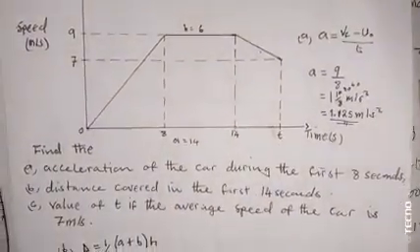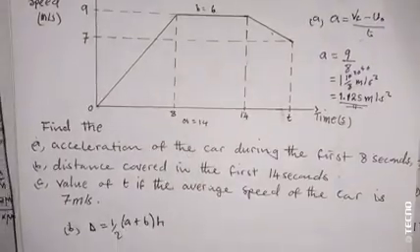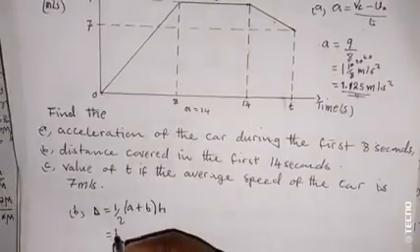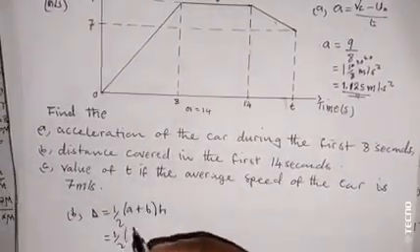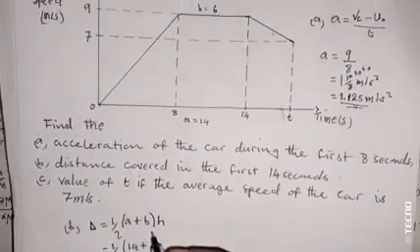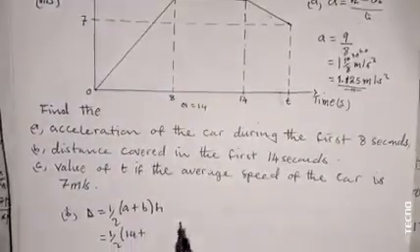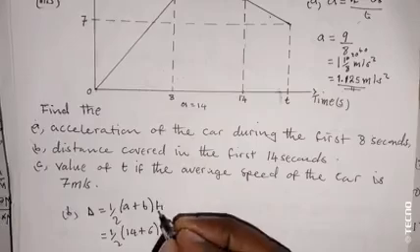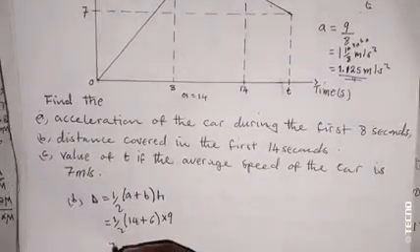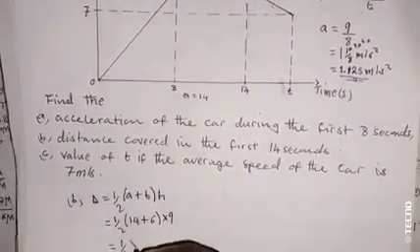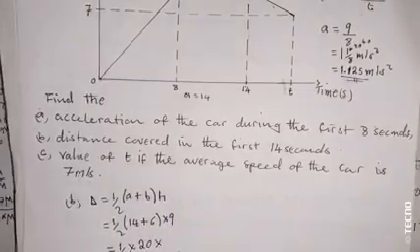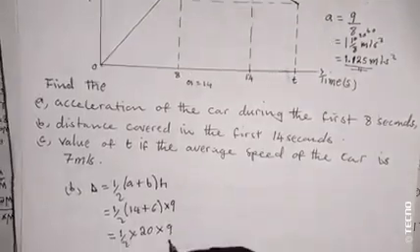Then we place these in the formula: half times (14 plus 6) times 9, which is half times 20 times 9.